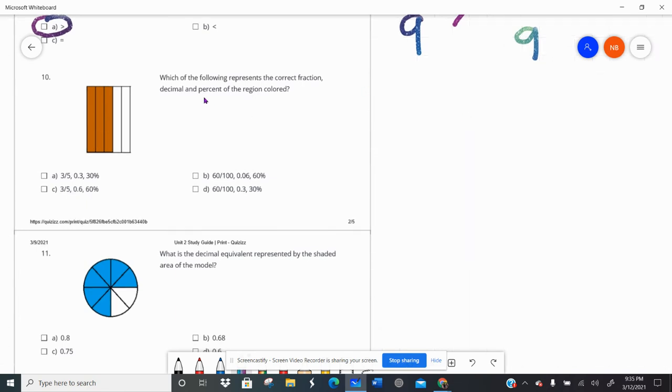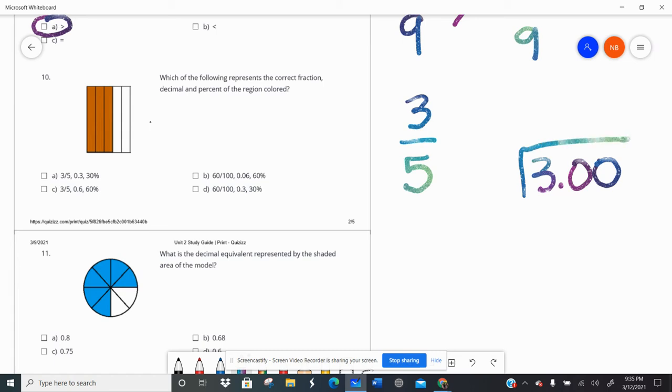All right, it says number 10, halfway there. It says, which of the following represents the correct fraction, decimal, and percent of the region that's colored? So there's 3 that are shaded in out of 5. So that would be 3/5. Well, let's look at 3/5. Let's change that to a decimal. I do 3 divided by 5. If I have 3, I cannot give you 5. I go to my neighbor.